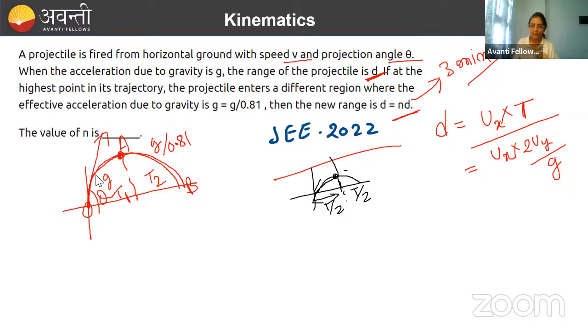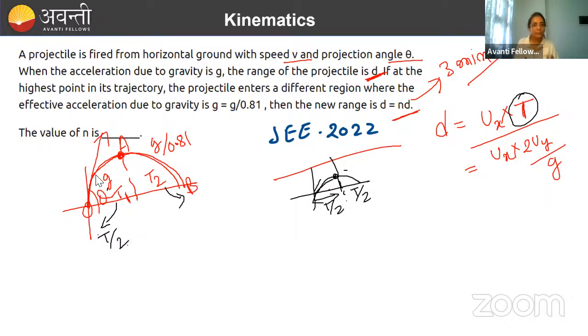It was symmetrical, right? So this t by 2, t by 2. Why I'm saying this? Because t1 can be written as t by 2. Here t is how much? 2uy by g, because here acceleration due to gravity is g only. So that can be written as t by 2.